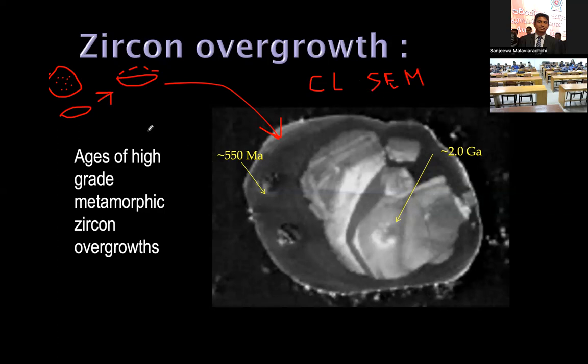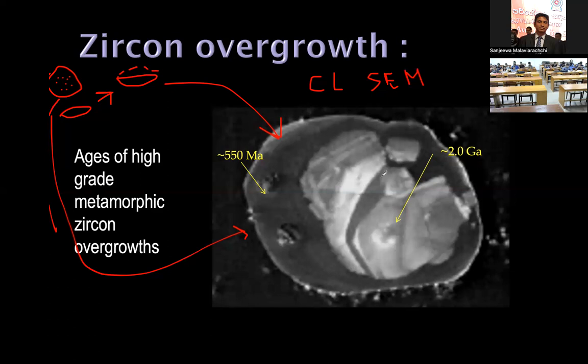Using them, we can insert this zircon mount into the SEM, and then we can image all these zircon grains so that we can see the internal structures, right? This is the internal structure which you can't see even with a microscope.